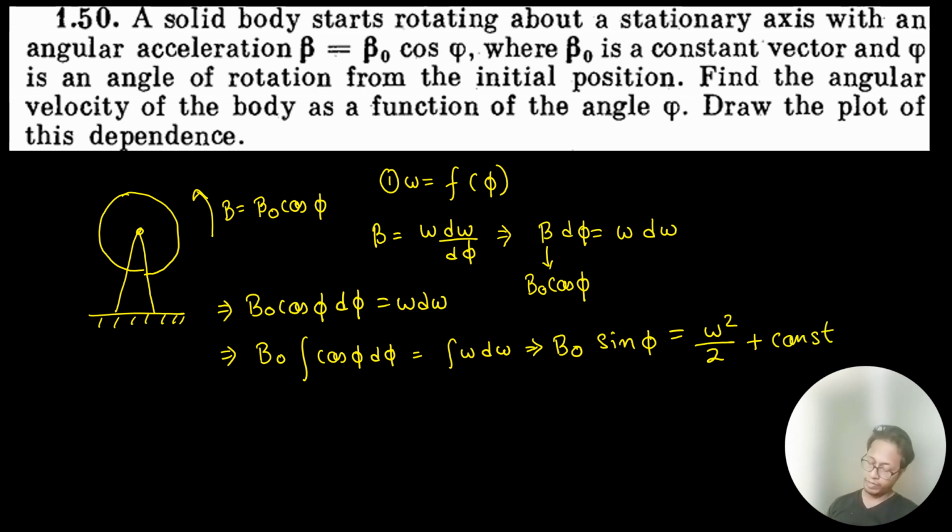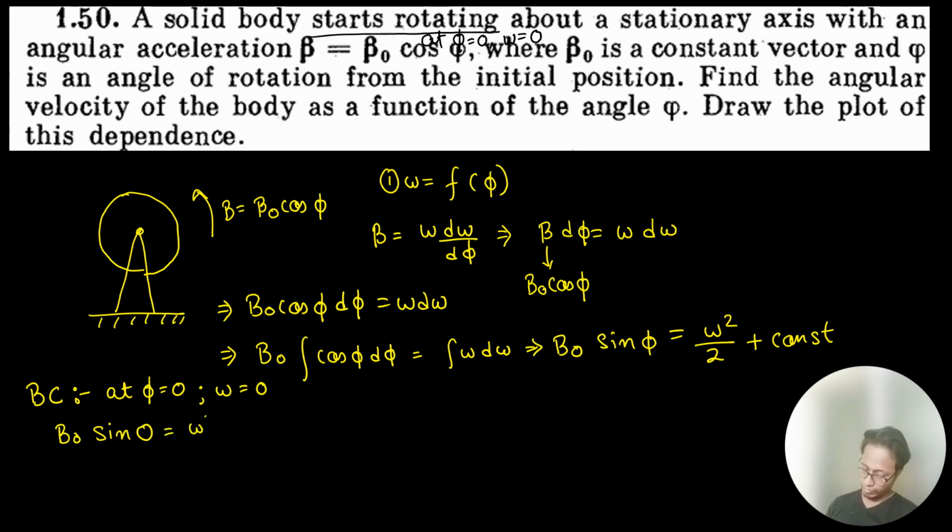Now in order to find the value of the constant, we must put in a boundary condition. So what is the boundary condition? A solid body starts rotating about a stationary axis. Starts rotating means that at phi equals 0, omega equals 0. So applying the boundary condition, beta naught into sin 0 equals omega square by 2, with omega equal to 0, plus constant.